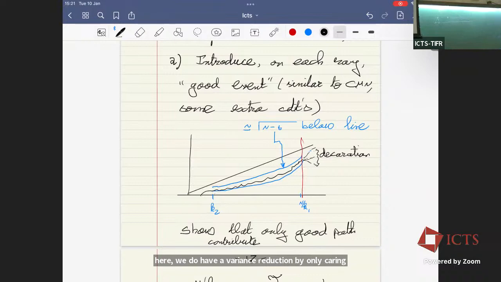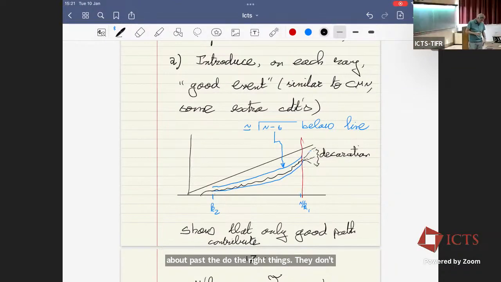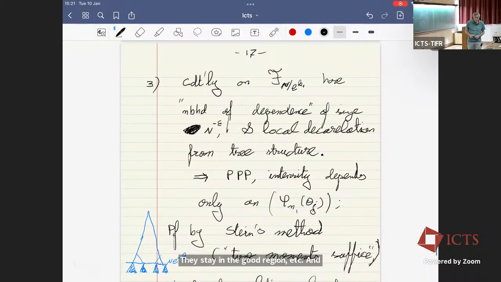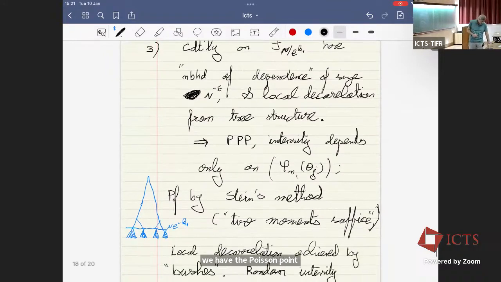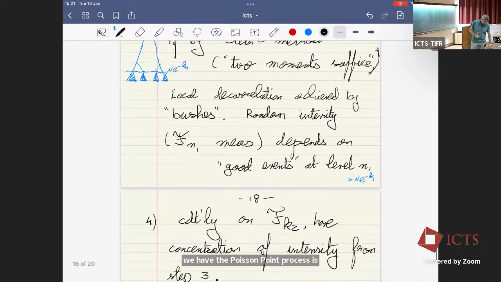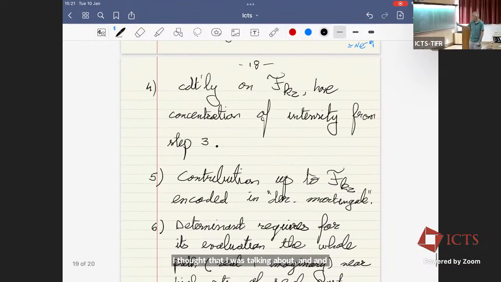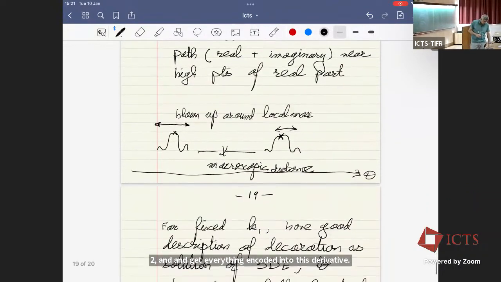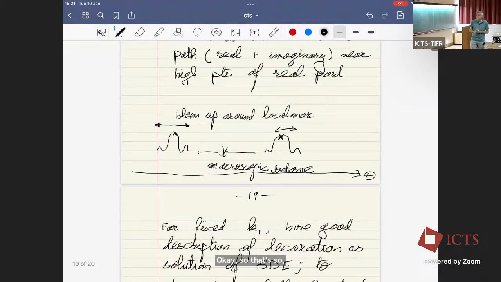They don't go over a barrier, they stay in a good region, etc. And once we have that, we have the Poisson point process, this Stein method that I was talking about. And then we can condition on what happens at K2 and get everything encoded into this derivative martingale. Okay, so that's the picture that I was trying to make.